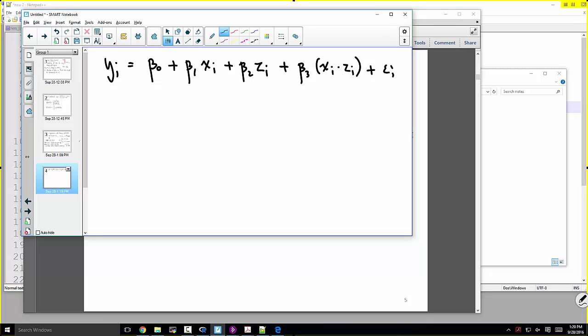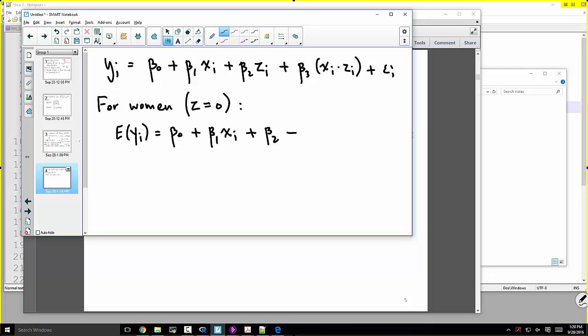Then we can think about the different scenarios. For women who have z equal to 0, the mean relationship is expected y equals beta 0 plus beta 1 xi plus beta 2.